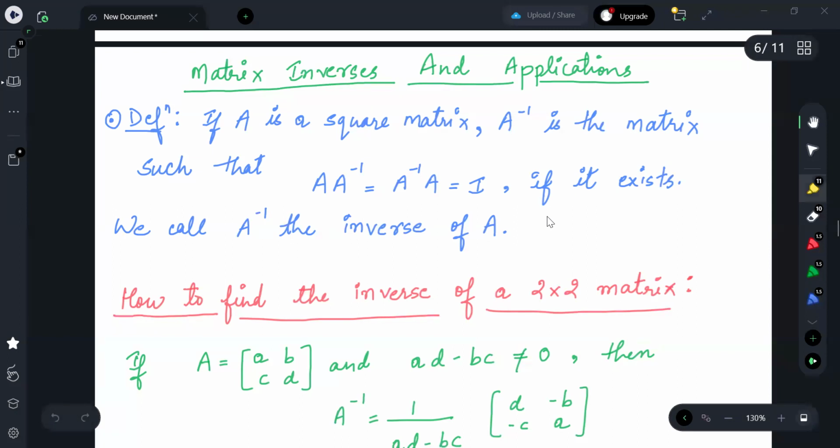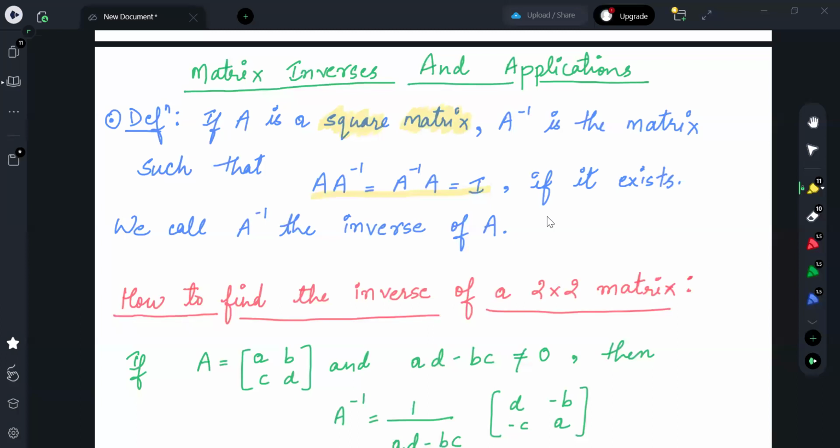Emphasis on the fact that a matrix is invertible only if it is a square matrix. If A is a square matrix, then A inverse is the matrix such that this equation is satisfied. When you multiply A by its inverse, it is commutative and both products equal the identity matrix.